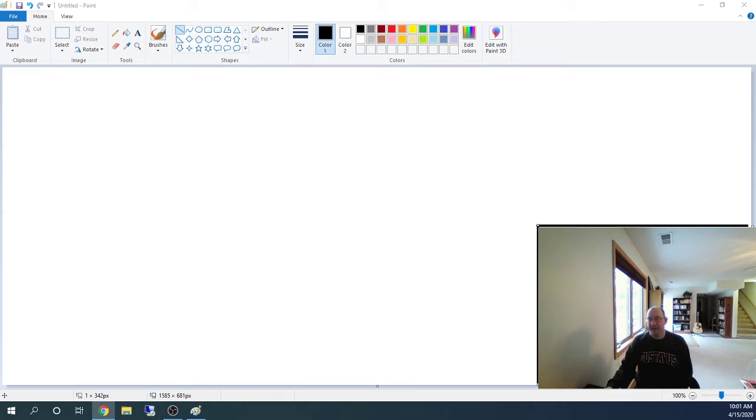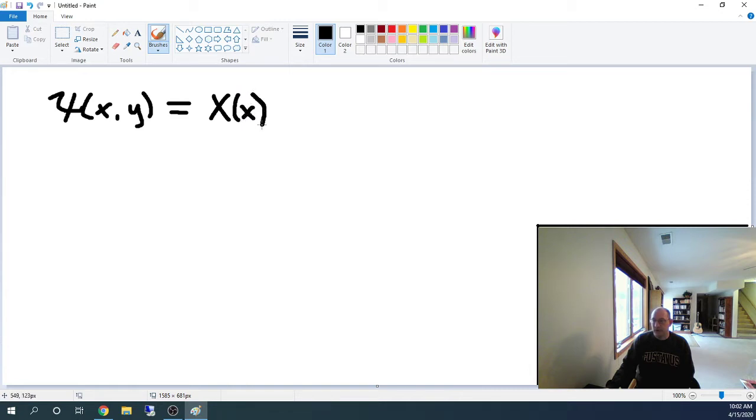So the basic idea of separation of variables is that if I have a general problem with two variables, so psi, which is a function of x and y, then you could say it's equal to some function, not a constant, of x, which I'll mark with a flare to indicate this is a capital X, multiplied times some function of y.